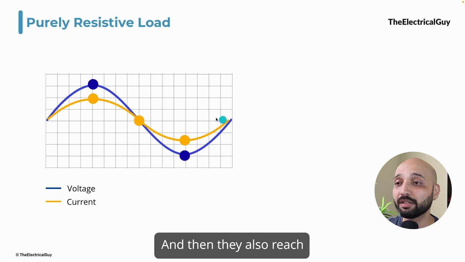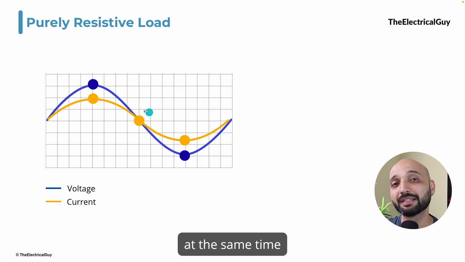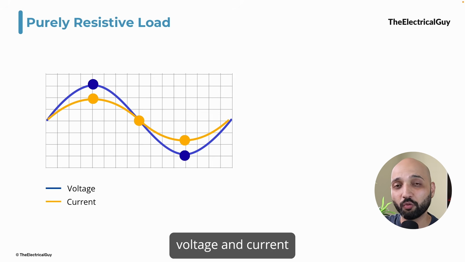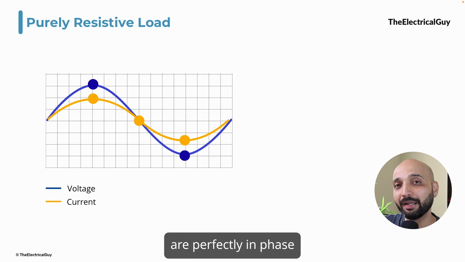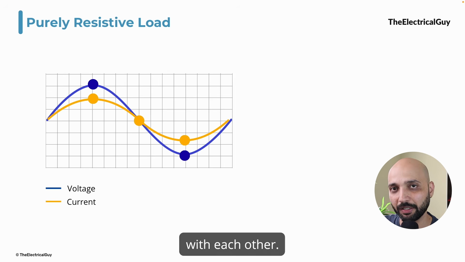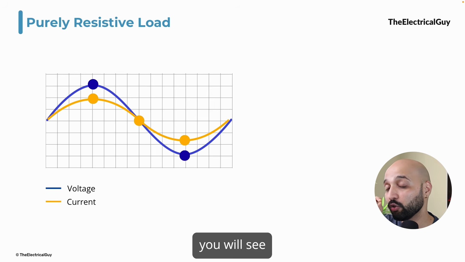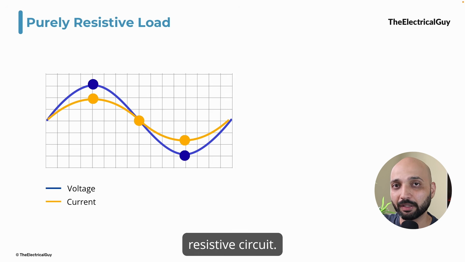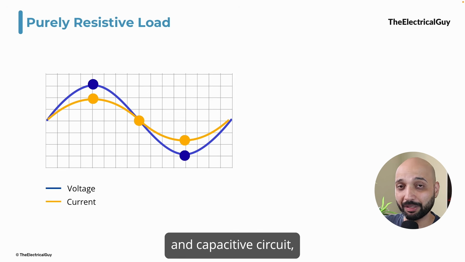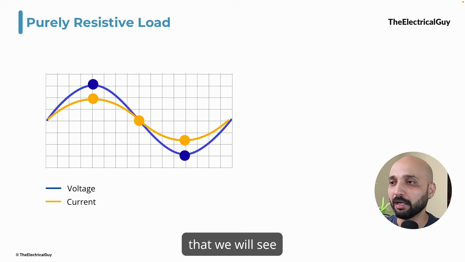And then they also reach their zero value at the same time. When this is true, we can say voltage and current are perfectly in phase with each other. They are perfectly in sync with each other, right? This is what you will see in a purely resistive circuit.